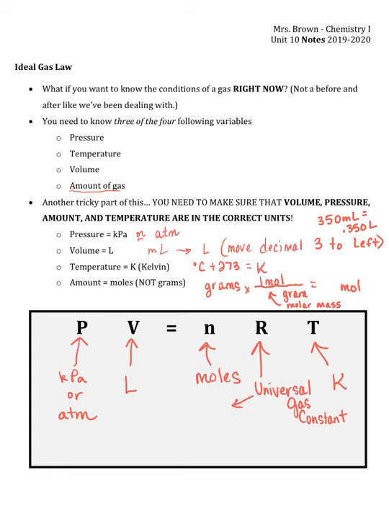Now, your value for R is either going to be 8.31, and the unit is liters times kPa over moles times K, or 0.0821 liters times atmospheres over moles times K. So let's break that down a second here, and let's look at which part of that unit is different, and it's the pressure unit.